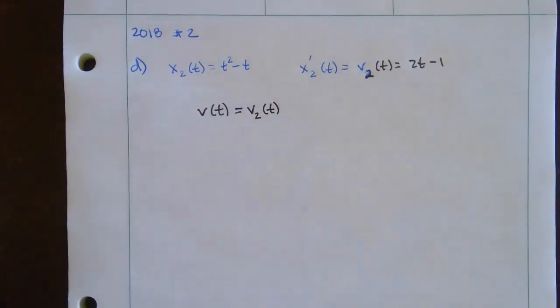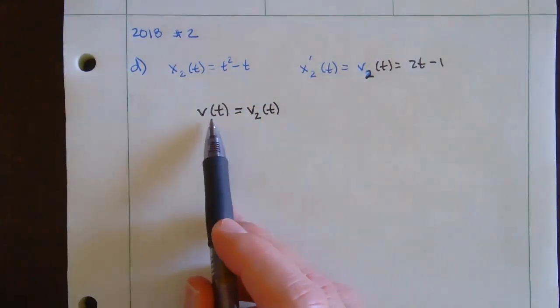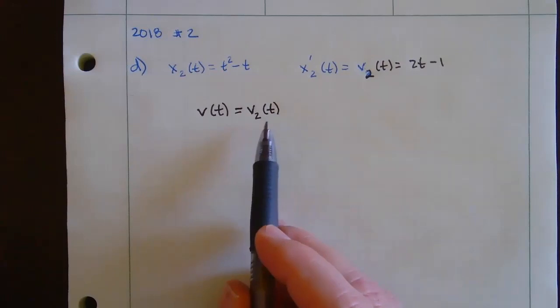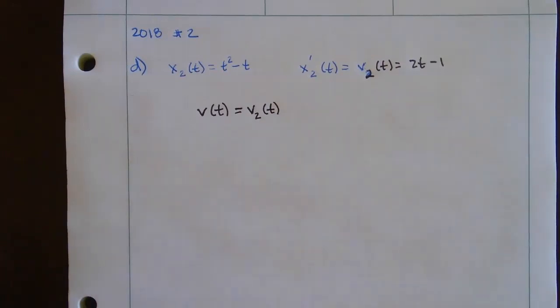In this velocity function, we already have y1 stored in our calculator. We're going to put 2t minus 1 in for y2, and then look between 0 and 3.5 and see where they intersect. That will give me the time or times in which the velocities are the same. All right, let's go to our graphing calculator now.